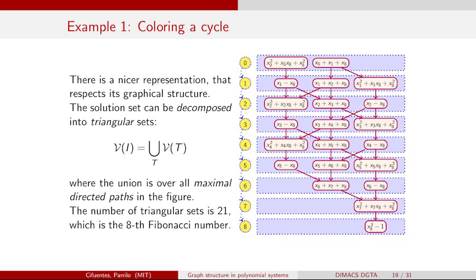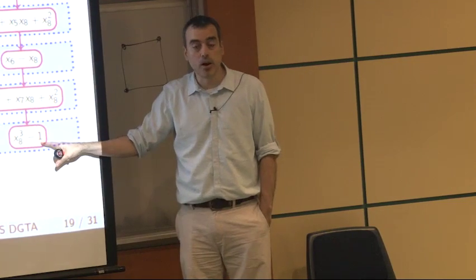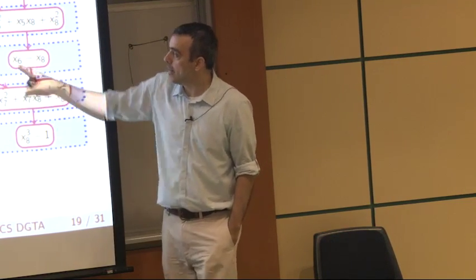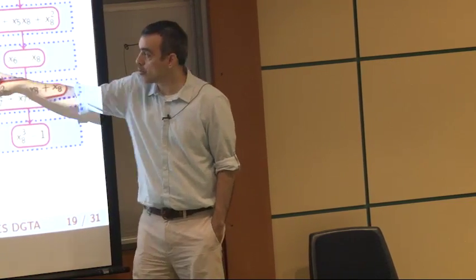And one can see, perhaps easily, that I can read out from this data structure all the possible colorings of my graph by starting at the bottom and going upwards. And this will mirror exactly the process that you would do by hand of coloring a graph, right? I can pick a color arbitrarily for variable 8. Then subject to this condition, I can pick a coloring for variable 7, then for variable 6, and there's 2 possibilities.